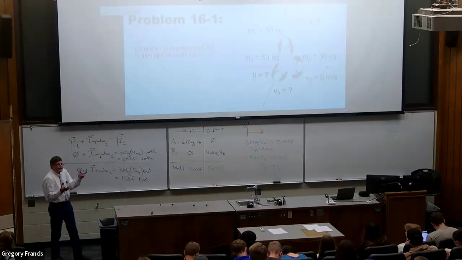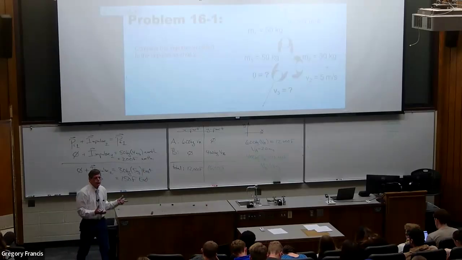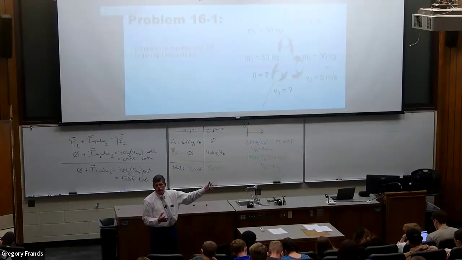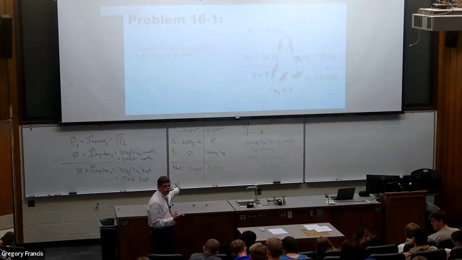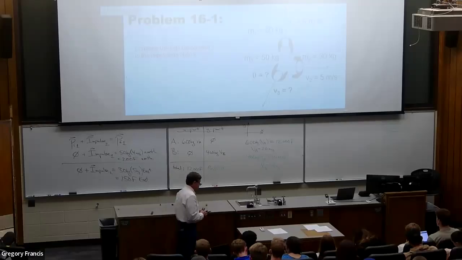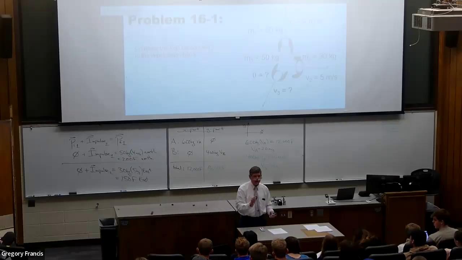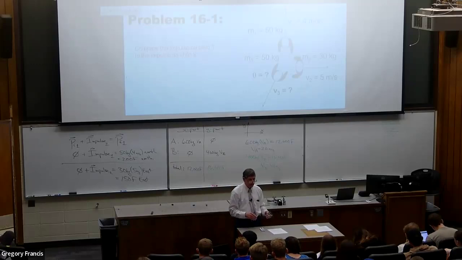And so clearly in this problem on your homework, you were asked to compare the magnitude of the impulse on child one to the magnitude of the impulse on child two. And clearly 200 is bigger than 150. So it's bigger on child two. I did not say that. It's bigger on child one. If you say that I said that, I'll call you all liars, okay? Who are they going to believe, me or all of you?